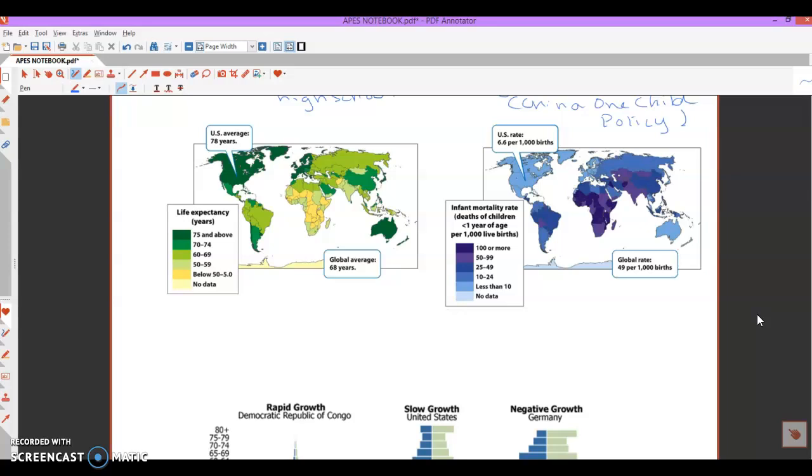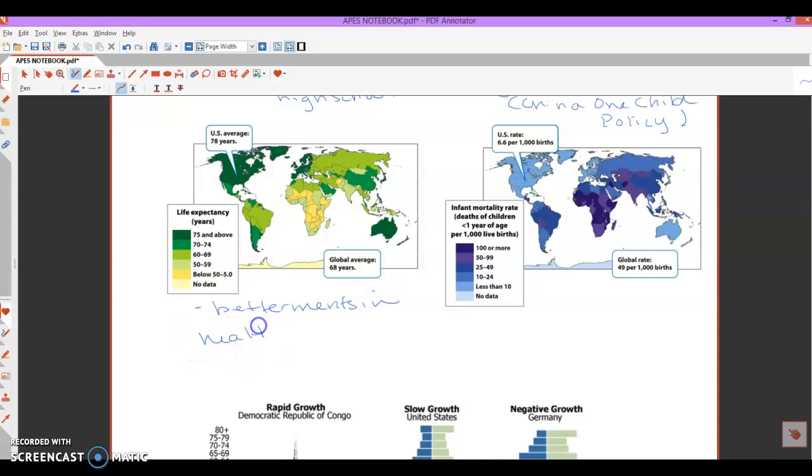All right. So let's look at these images right here. So here we have the life expectancy. You can see in developed countries like the United States, Europe, Australia, our life expectancy is very high, 75 and above. And this is because we have betterments in healthcare and access to it.